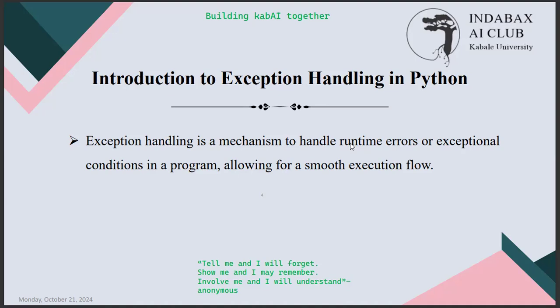How can you avoid the system crashing if the user enters what is not expected of them? How do you handle that smoothly and the program keeps running without crashing? Then, if that error has occurred, how can we notify the user of what the error was in a way that the user can understand?